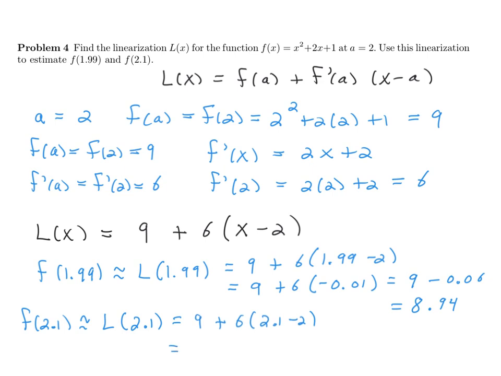When this simplifies, that's really 9 plus 6 times 0.1. 6 times 0.1 is 0.6. If you add those, you get 9.6. So the estimate for f of 1.99 was 8.94, and the estimate for f of 2.1 was 9.6, and it came from this linearization here.